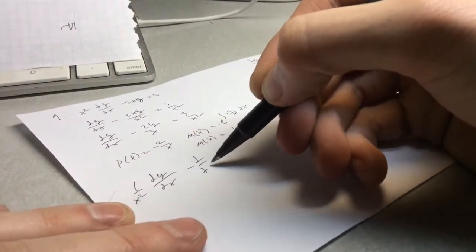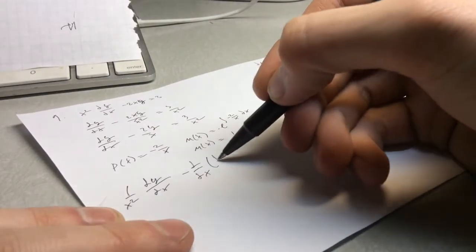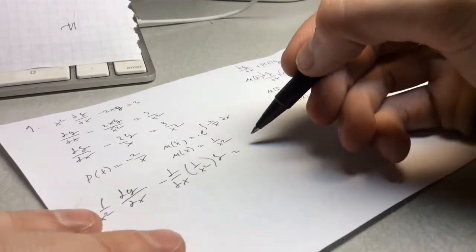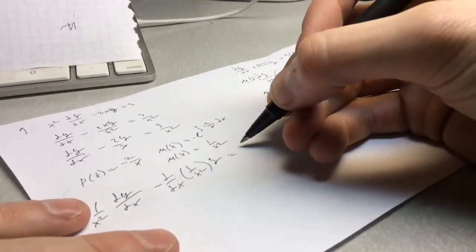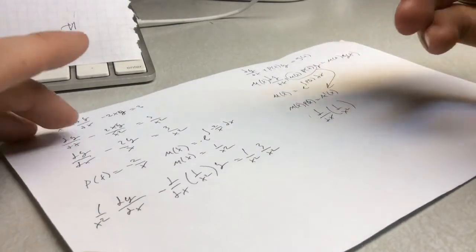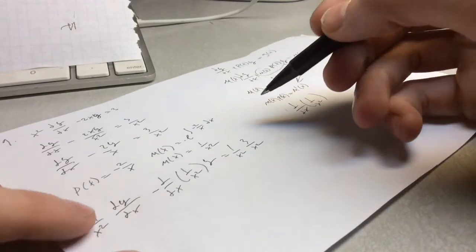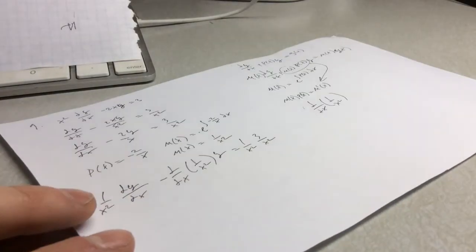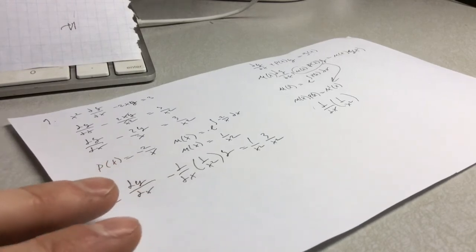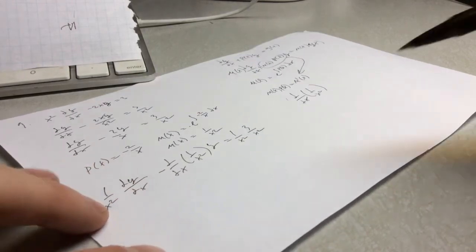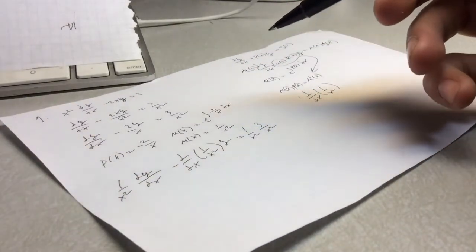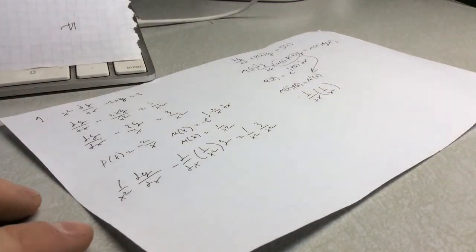So d/dx of 1 over x squared times y equals mu of x g of x, which is 1 over x squared times 3 over x squared. We can combine those two pretty easily, but at this point we can look at these two factors here and recognize that we can use the product rule.